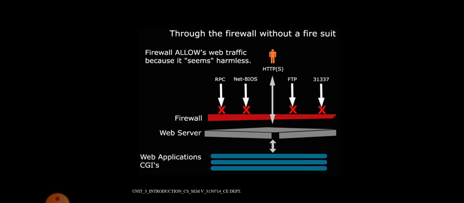Here we see the firewall systems are mostly connected with our servers, and we will also discuss this in detail in computing. A firewall is a network security system that monitors and controls incoming and outgoing network traffic, which works based on predetermined security rules. A firewall typically establishes a barrier between a trusted internal network and an untrusted external network like the internet.